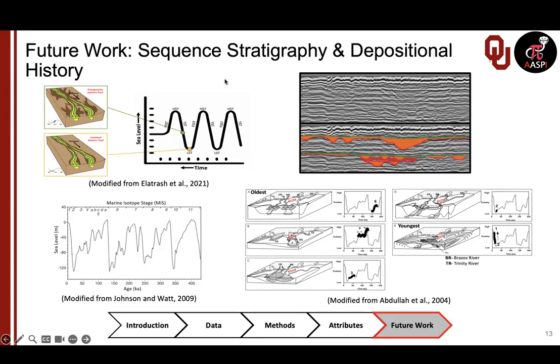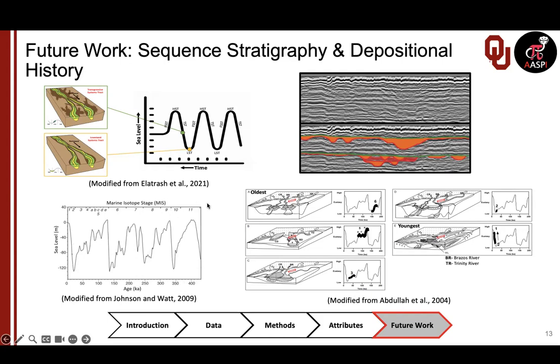So where this project is going is I am looking at these channels' morphology and just trying to understand how they are impacted by whatever sea level is doing. And then, of course, I'm doing a bunch of interpretations like this. And then I am relating these unconformities, which we know happened during a sea level low stand, to this sea level curve from the Quaternary period, which goes all the way back to 400,000 years.